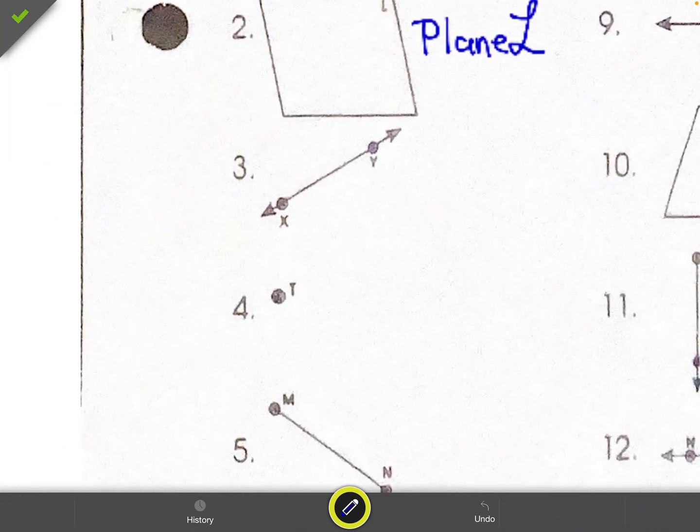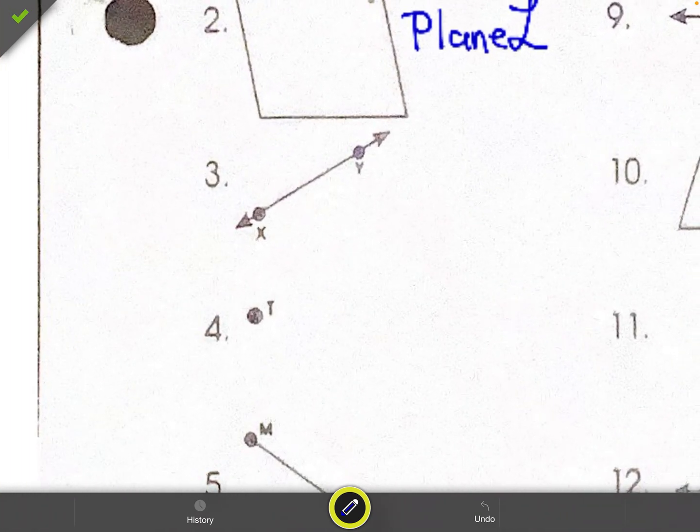Now, let's take a look at number 3. What you should notice are your arrows. The arrows indicate to you that that is a line, so it's going to keep going in both directions. And so we have a symbol for that. So we call it line XY. You could also call it line YX.